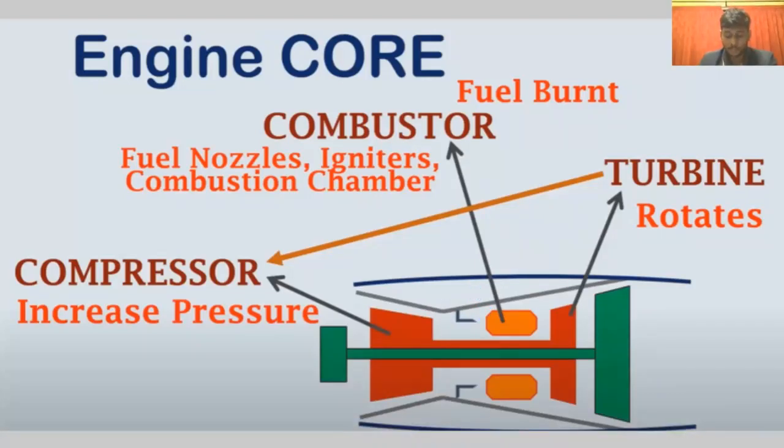The engine core consists of a compressor, which is used to compress the air, increasing the pressure and temperature of the air before it is sent to combustion. Then the combustors, which consist of fuel nozzles, igniters, and the combustion chamber. Here, fuel is sprayed and mixes with the high pressure air and gets burned inside the combustion chamber. Thus, the air becomes even hotter and even more pressurized.